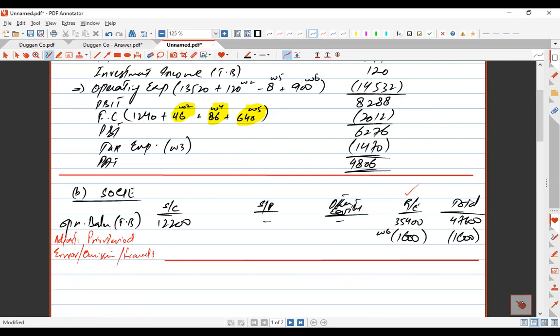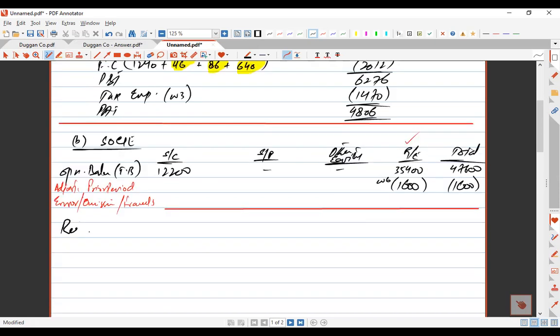Once we adjust the prior period amounts, the balance is termed as the restated balance. So restated balance is 33,800, and in total its value is 46,000. Now do take the things from the current year.